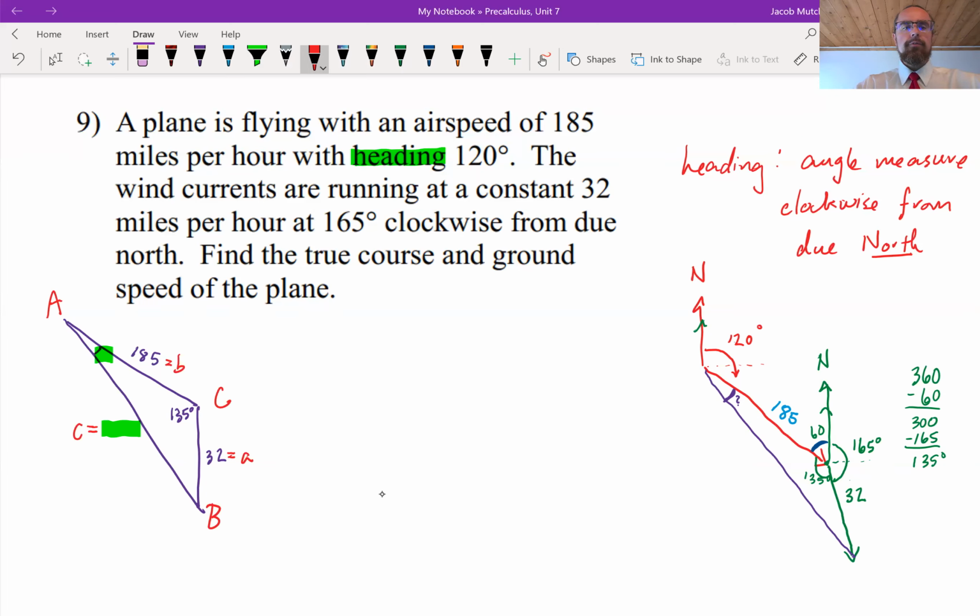It's important to label the vertices and the sides with A, B, C. So if I'm looking for angle A, I'm going to choose the version that starts with cosine A. That's going to be equal to, remember, you start off with that angle, and then the two letters I didn't use for the sides: b squared plus c squared minus a squared over 2bc.